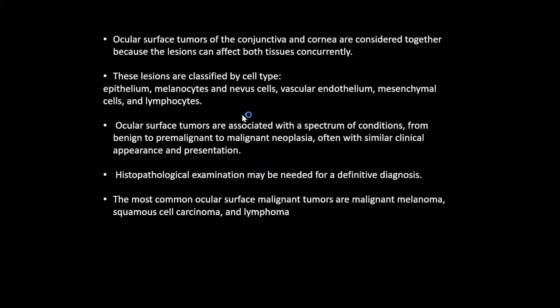And they are classified based on the predominant cell type. So we have epithelial lesions, we have melanocytes and nevus, we have vascular endothelial lesions, lesions that originate from mesenchymal cells, and then the lymphocytes.